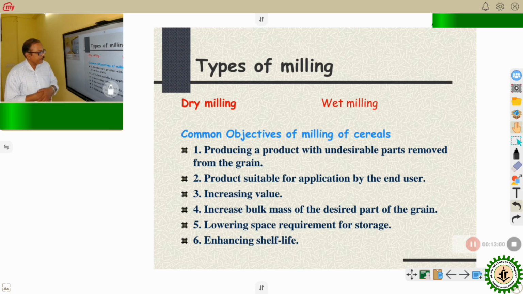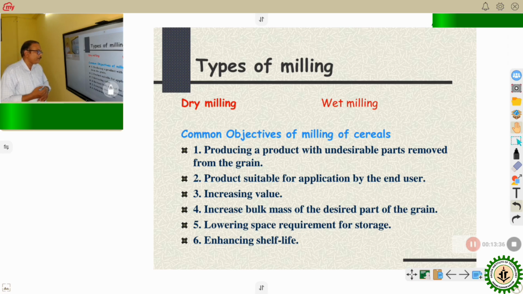Objectives of milling: common objectives for both dry and wet milling operations. Number one, producing a product with undesirable parts removed from the grain. Number two, a product suitable for application by the end user. For example, a bakery industry produces biscuit and another industry produces bread. According to their requirements, the wheat flour contains different quantities of protein, and the miller supplies that type of flour.